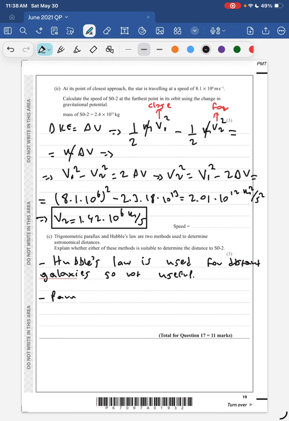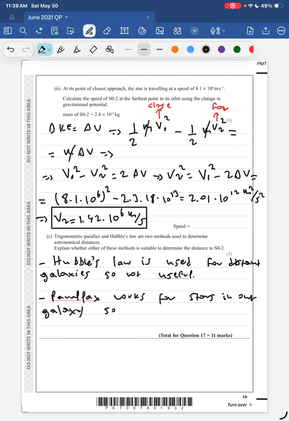But parallax works for stars in our galaxy. Okay, so yeah, parallax works.